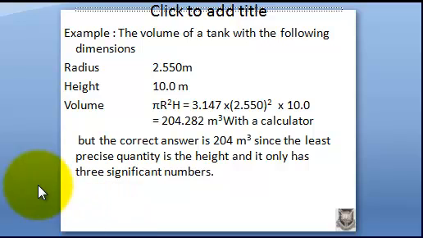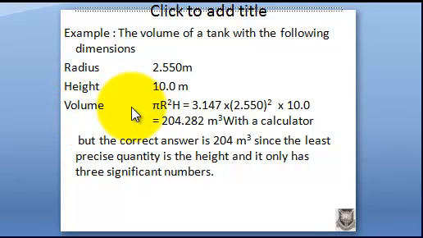A very relevant example of the last statement is in the calculation of the volume of a tank with the following dimensions: radius 2.550 meters, height 10.0 meters.